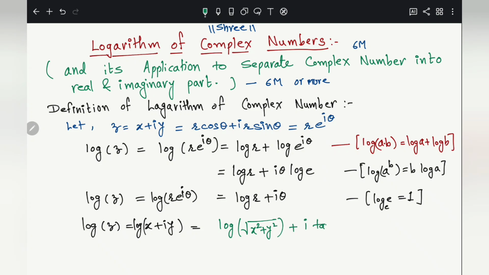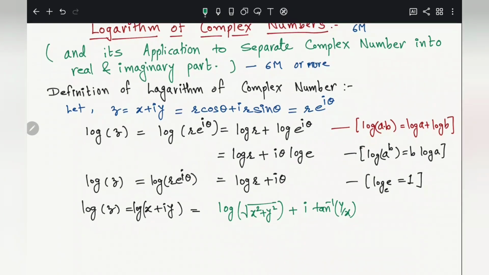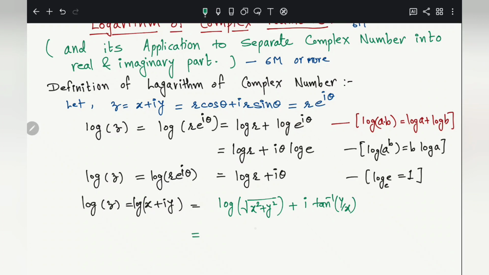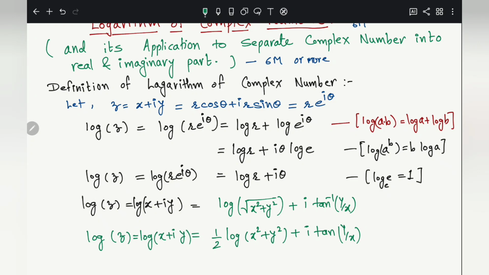It is tan inverse of y by x. So we just need to replace this, and that's it. This raised to half, you can also write it like this, half log x square plus y square. So this is how you can write the definition of log very easily. You can remember it, or you can just make it on your own. There is no need for you to remember it also, because this is a very easy definition.